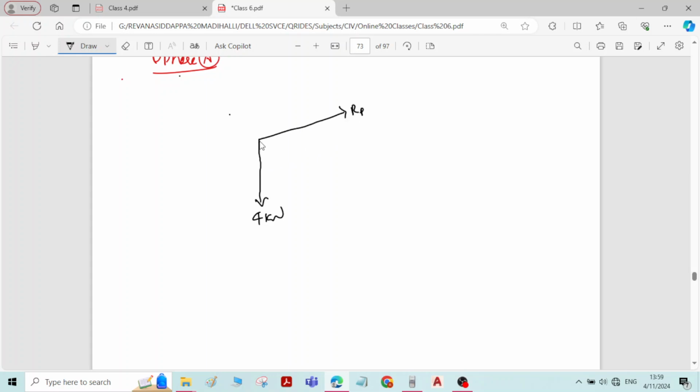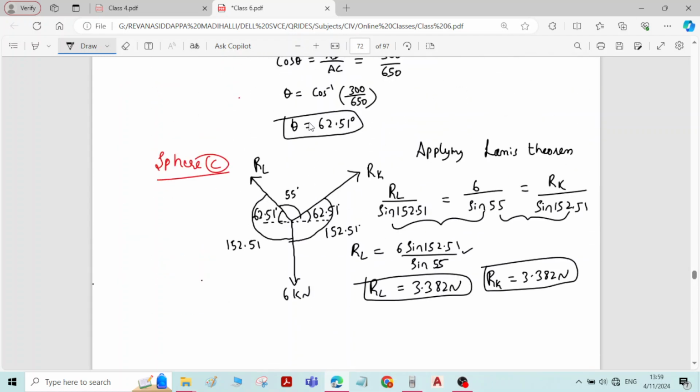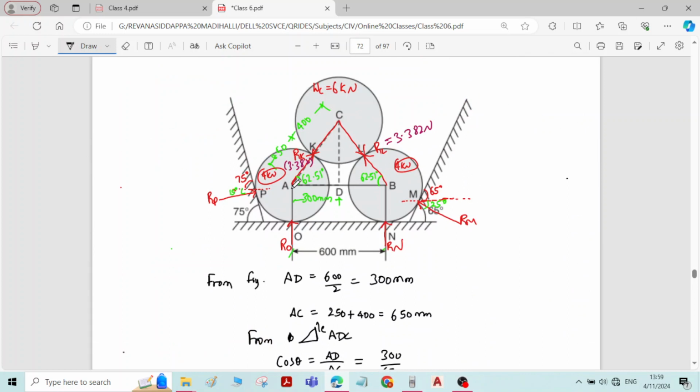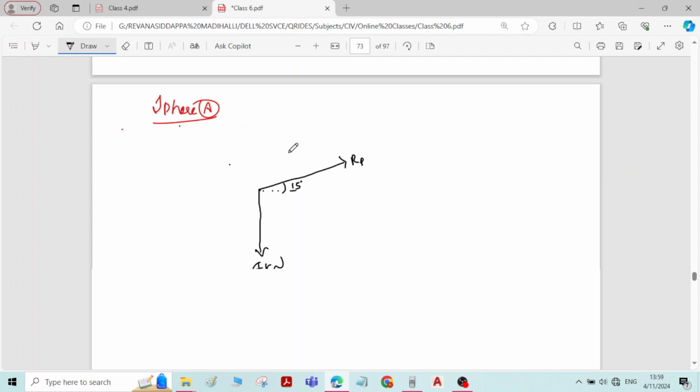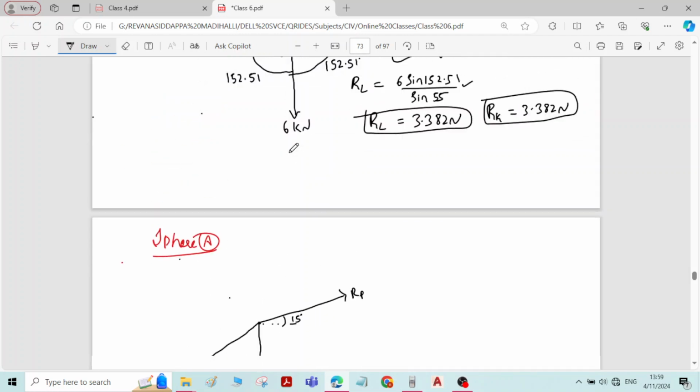Then for sphere A there is reaction from sphere C, that is RK, along bottom left direction, and its value we already know, it is 3.382 kilonewton.